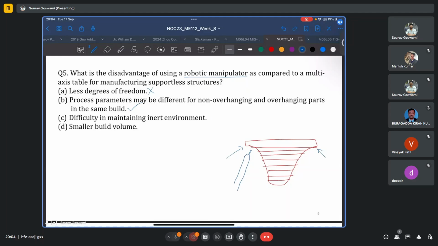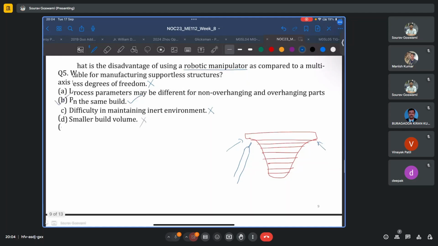This is not true. The challenges in maintaining an inert environment may be similar for both cases. And is it a smaller build volume for robotic manipulators? On the contrary, robotic manipulators may end up having larger build envelopes than your typical multi-axis tables. So option B is correct.